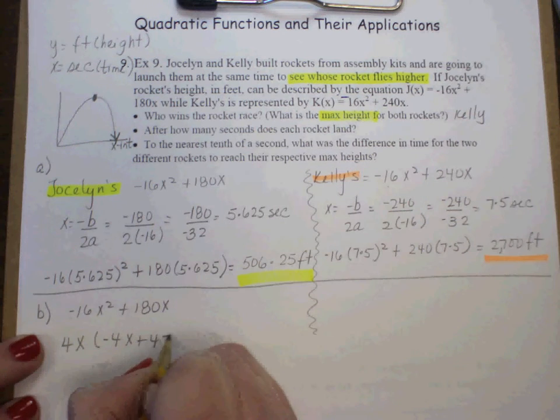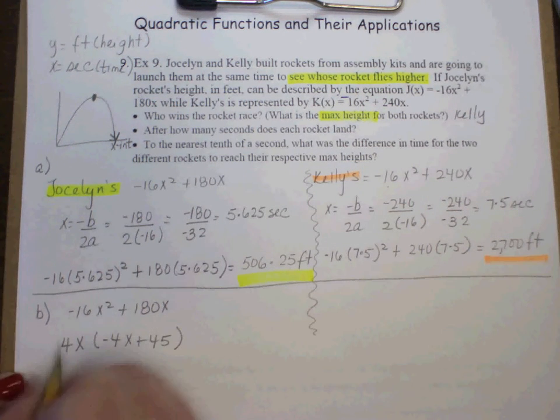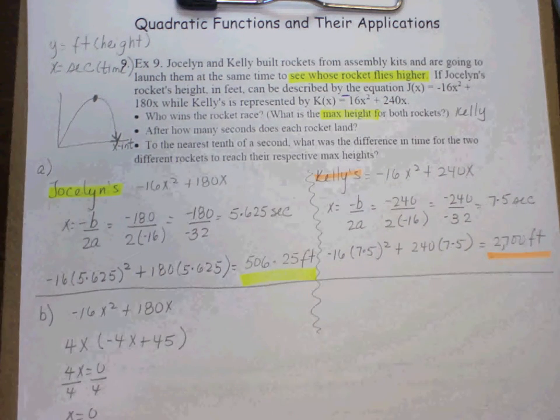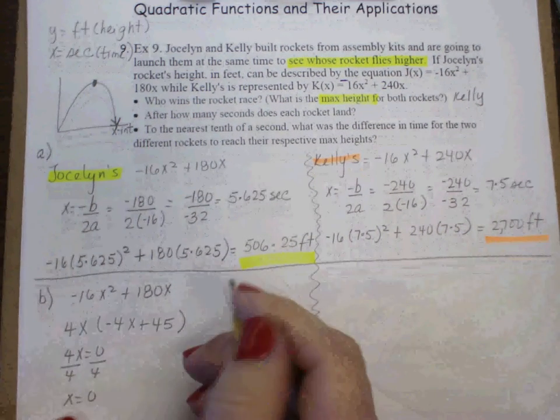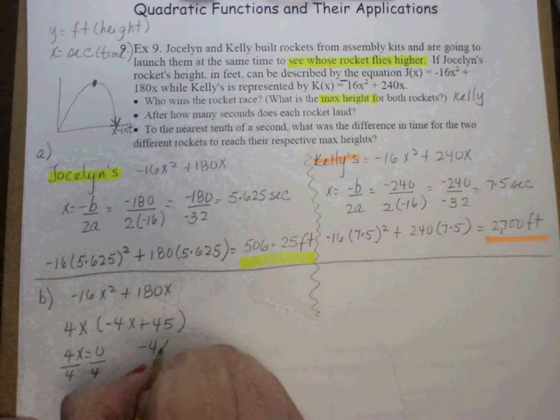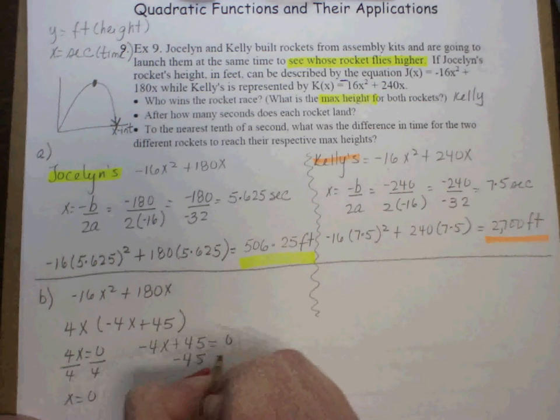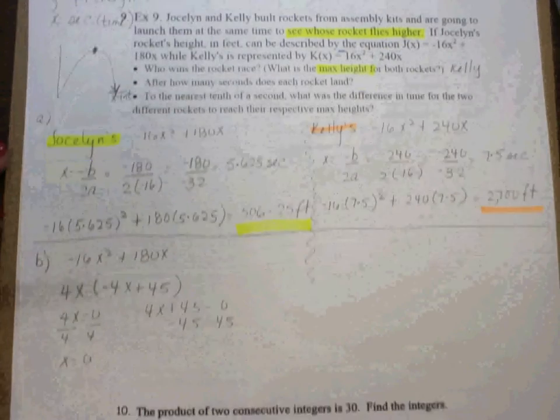When you divide 4x equals 0, x equals 0. There's no such thing as hitting the ground at 0, so it has to be the other one. Negative 4x plus 45 equals 0. So you got to do minus 45. When you get down, negative 4x equals 45.